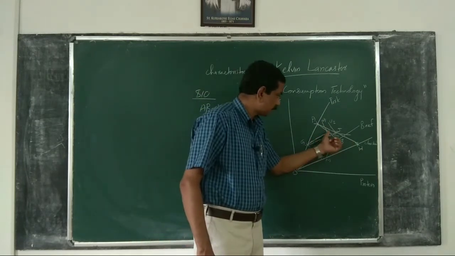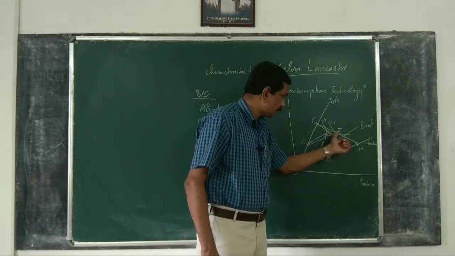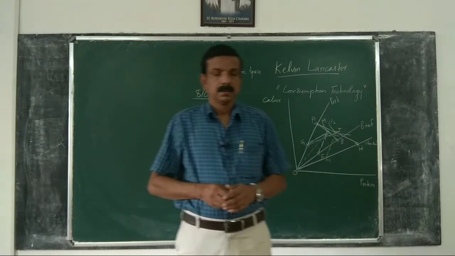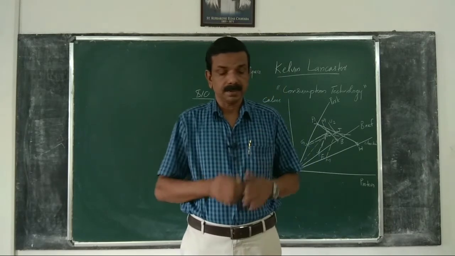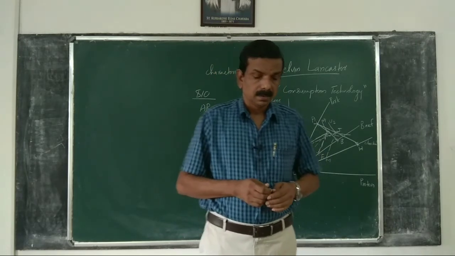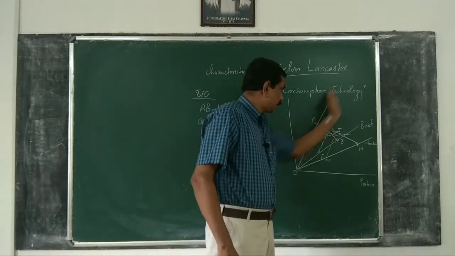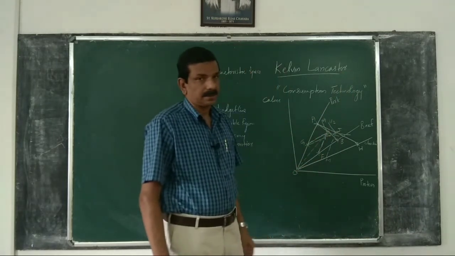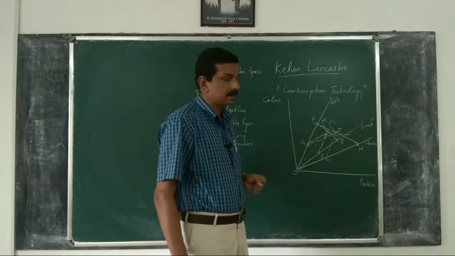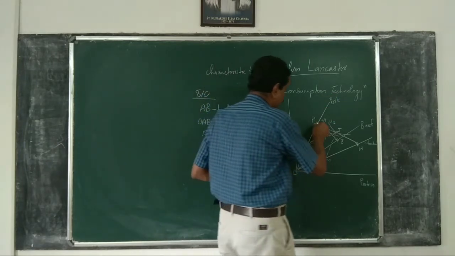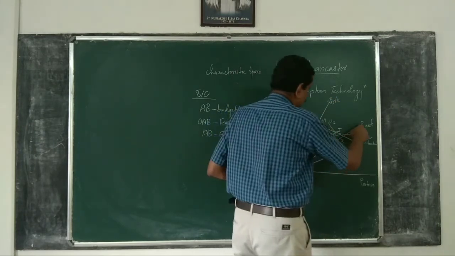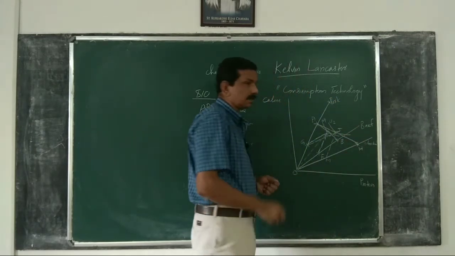Initially the equilibrium was at point C. Now the equilibrium is at point J. Now the reduction in price can be shown by an outward movement along the characteristic line. Suppose that if the price of pork is halved, then from point A he will reach somewhere here. The same is true for beef, chicken, etc.